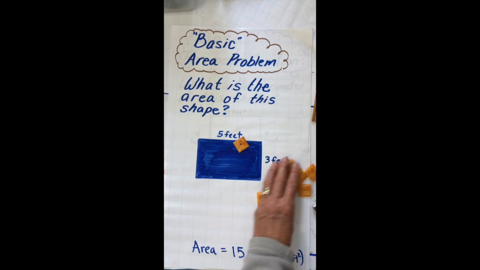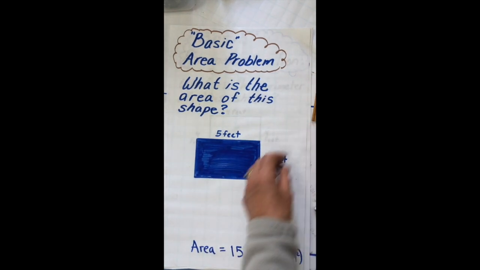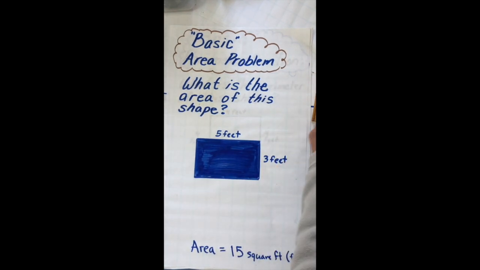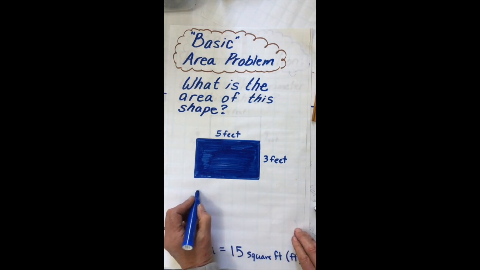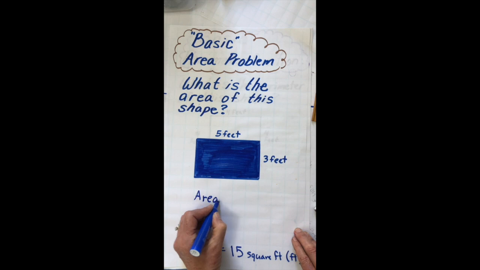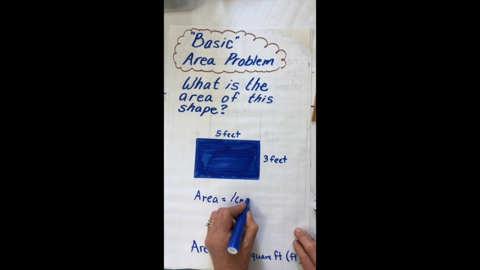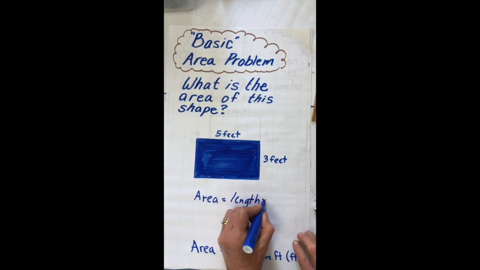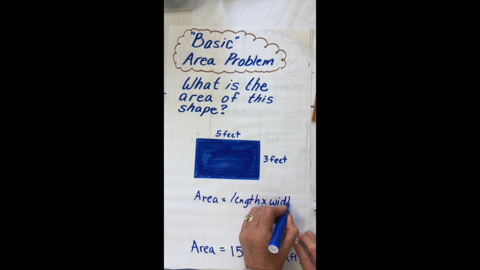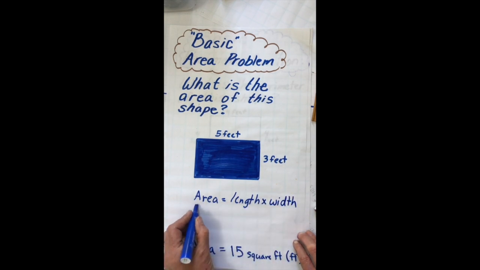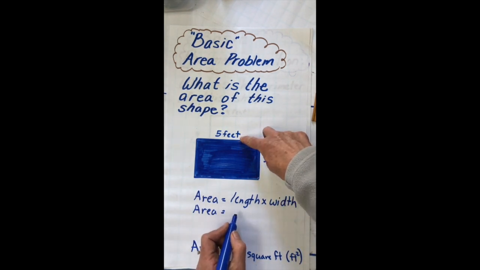Or you could do it by perimeter plus its frame of the window. Area is the squares, or length times width. So we're going to write area is equal to length times width. Area is equal to, the length was the longest side usually.